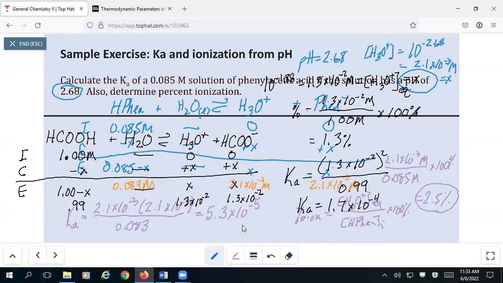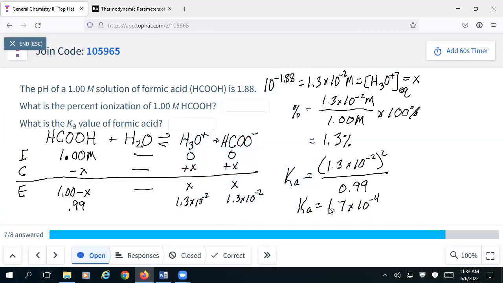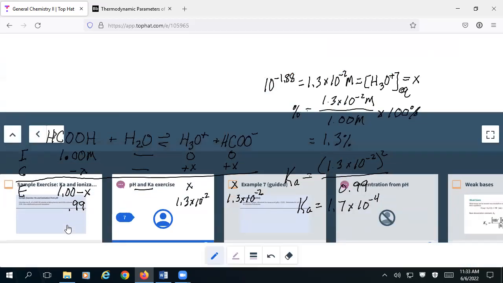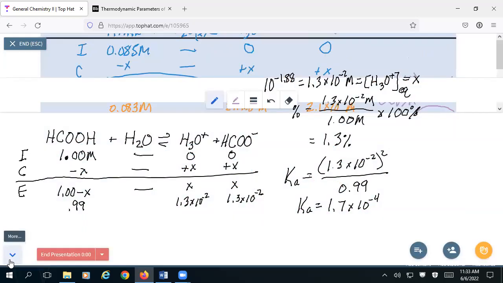Our Ka value was 5 times 10 to the negative fifth. Here it is 1.7 times 10 to the negative fourth. But the percent ionization for that weaker acid was better, 2.5% versus 1.3%.